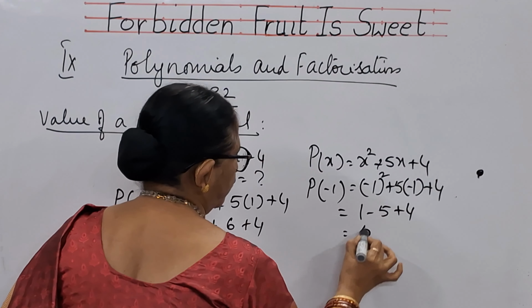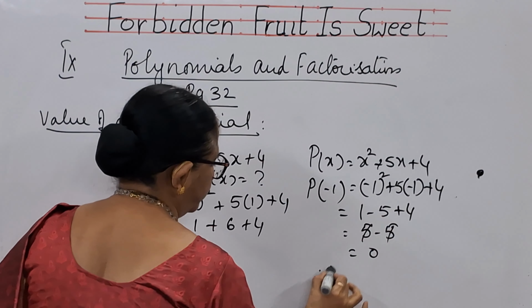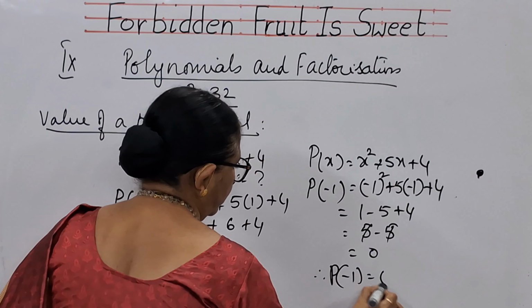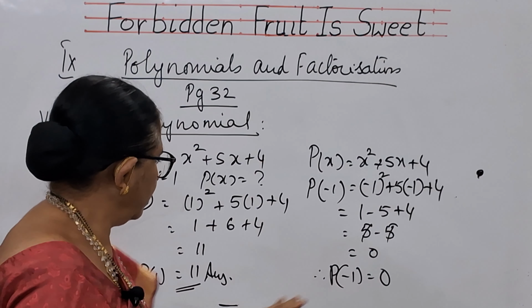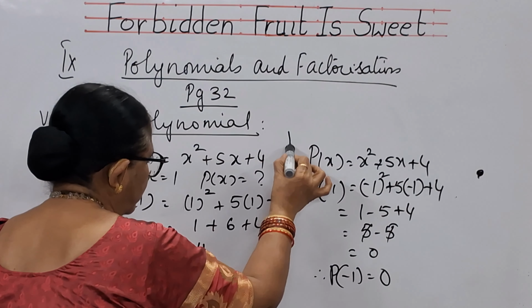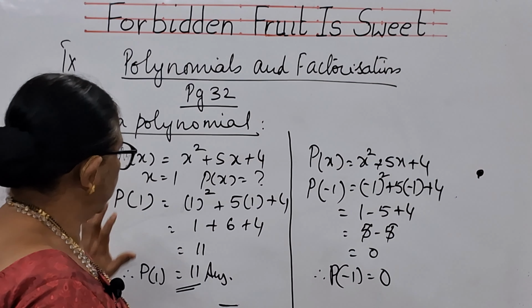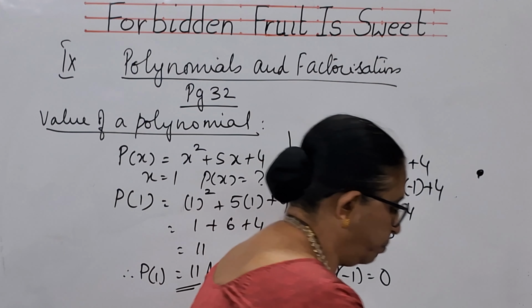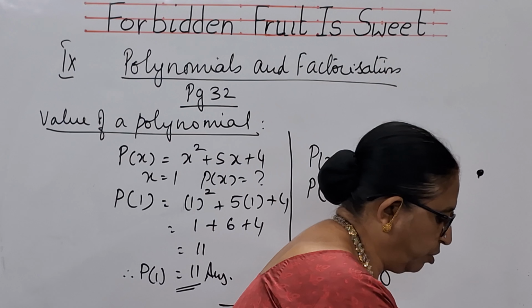What are you getting, children? 5 minus 5, that is equal to 0. Therefore, p of minus 1 is equal to 0. These are actually two procedures I have taken, which will give you how to determine the value of a polynomial. With this, we will go to the next topic.